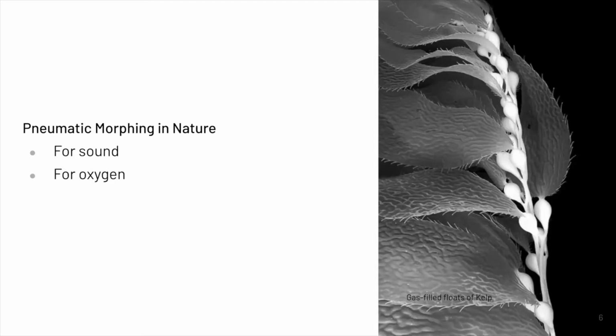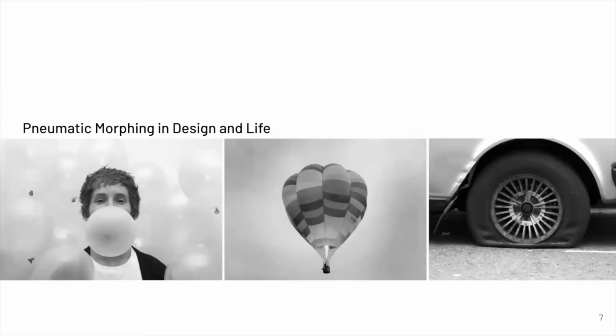The seaweed kelp actually has gas-filled bubbles that help the whole plant float on top of water so the leaf can get in contact with oxygen. And there are also pneumatics in our daily life, for example, the balloons you would play with in festivals, or even a tire.